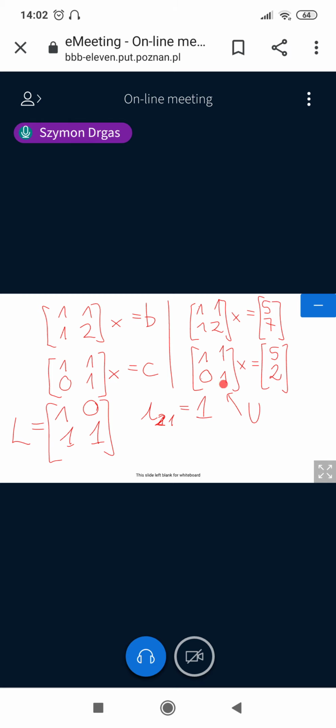And it is called L because it's a lower triangular matrix. For a lower triangular matrix, all entries above the main diagonal are zeros. So if we multiply this second system of linear equations by L, we know that this matrix can be called U.